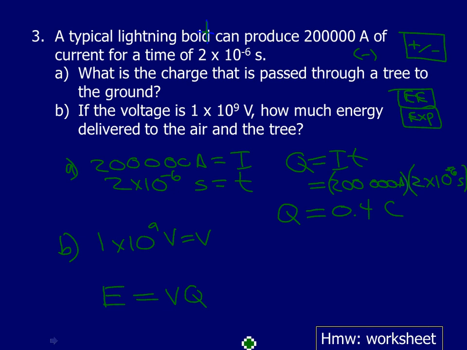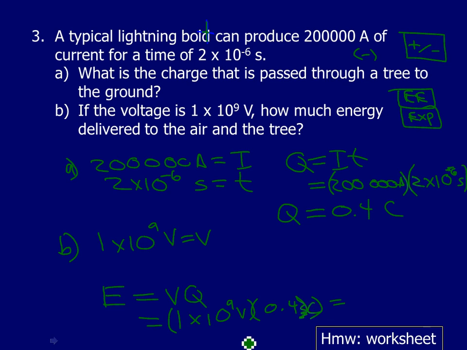There's a lot of volts in a lightning bolt. But you can use your EE or EXP button. 1 times 10 to the 9, times 0.4 coulombs. Oops, look at what I did. I put the coulombs on the outside of the brackets. 0.4 coulombs equals. Wow.